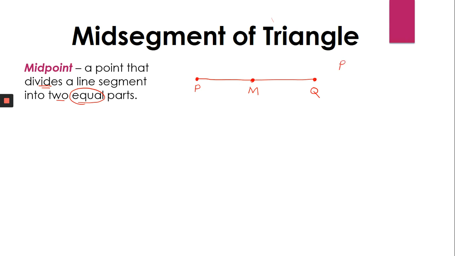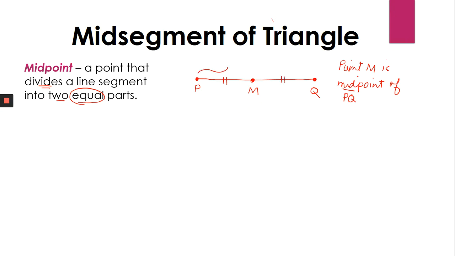So point M is the midpoint of segment PQ. If it's a midpoint, it should be at the middle and divide the whole segment PQ into two equal measures. Therefore, PM should be equal to QM.